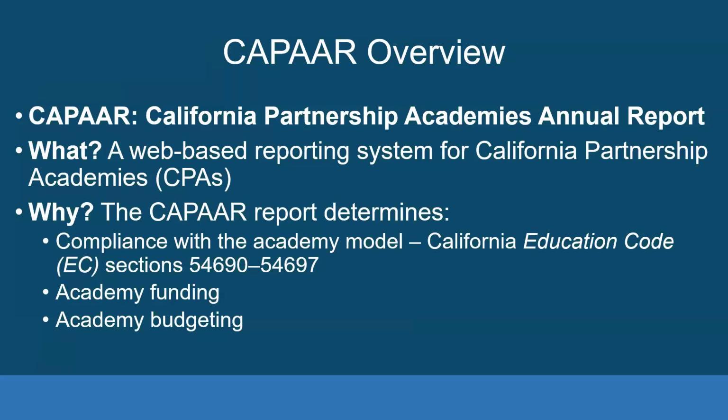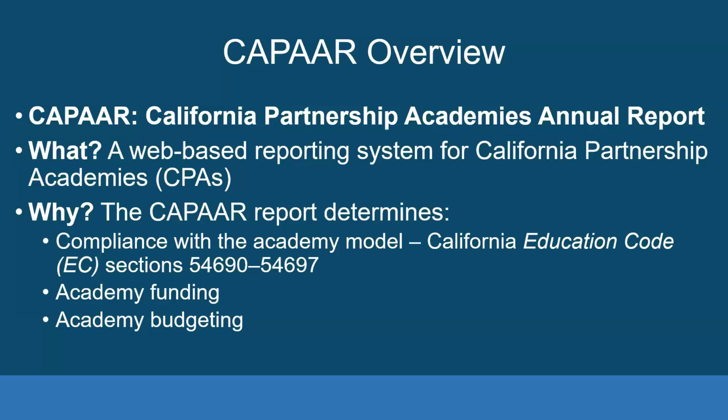Okay, so diving in to CAPAAR, what is it? CAPAAR stands for California Partnership Academies Annual Report. This is a digital reporting system, a web-based tool for our CPAs. The reason that you're asked to do this report is that it determines compliancy with the Academy model, which is based off of California Education Code. These sections of Ed Code can be accessed on our website.